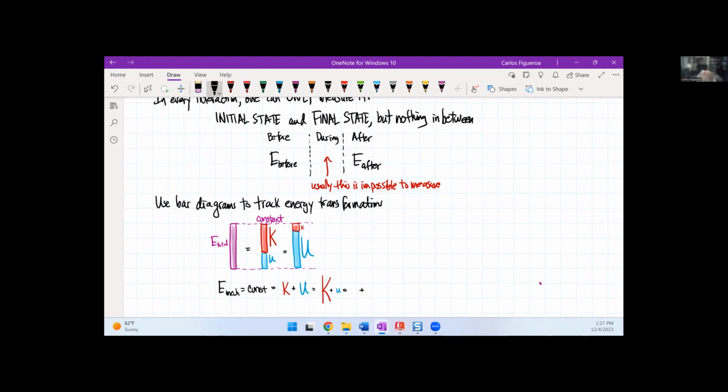On the other hand, if suddenly the kinetic energy gets small, then the potential energy must be large.